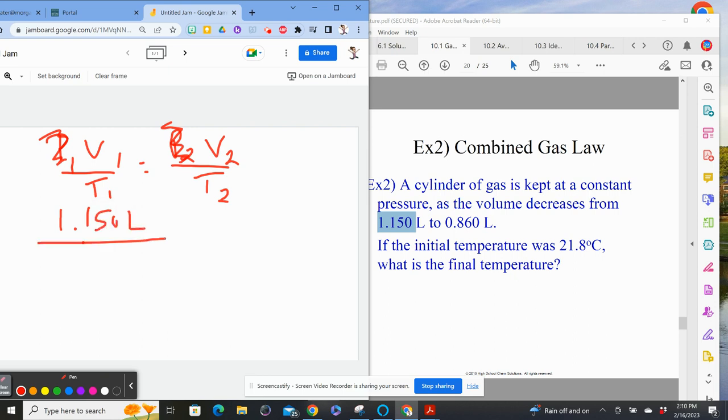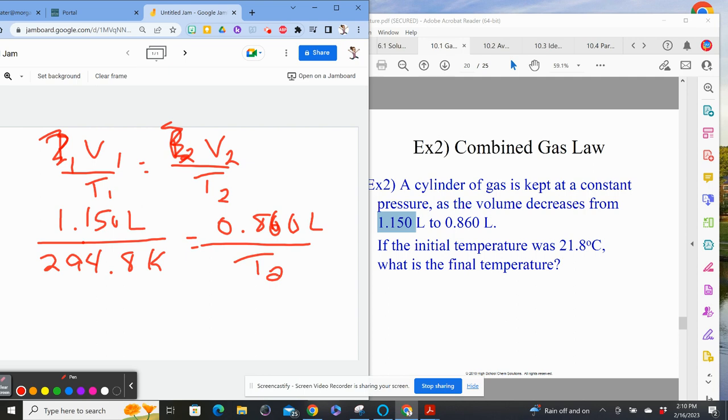My initial temperature is 21.8 plus 273, which is 294.8. My new volume is 0.860 liters, and I'm looking for my new temperature.